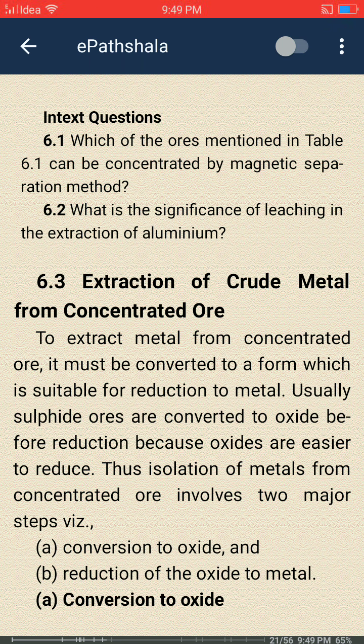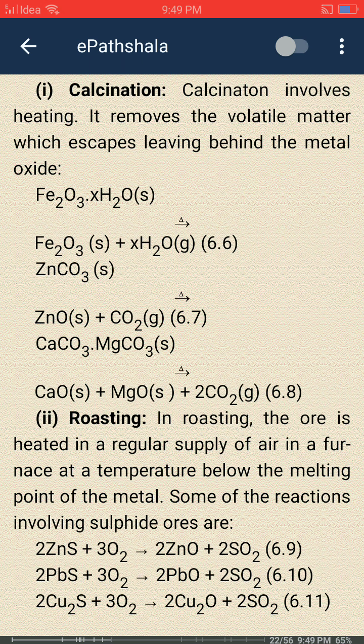Okay, so let's see what is conversion to oxide or how it is converted to oxide form. For that there are two methods. First one is calcination. So calcination is a method that involves heating.